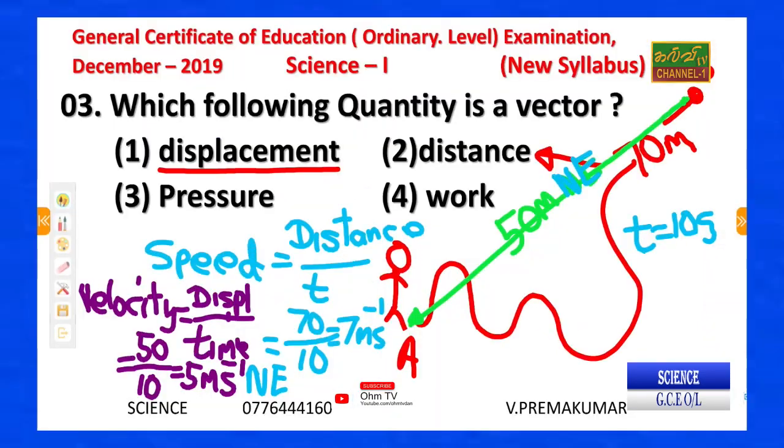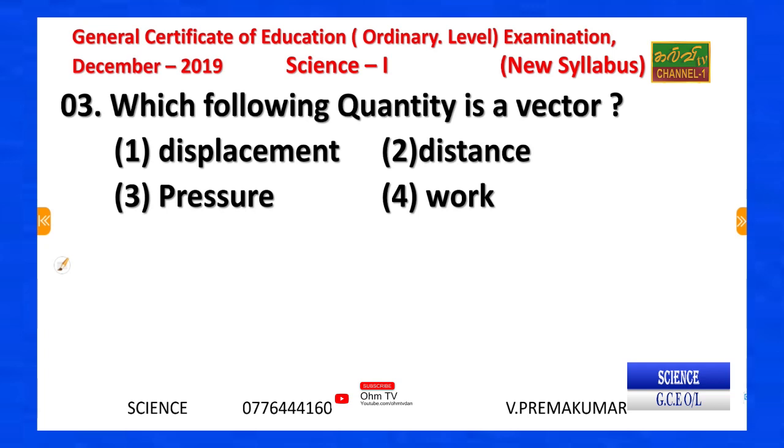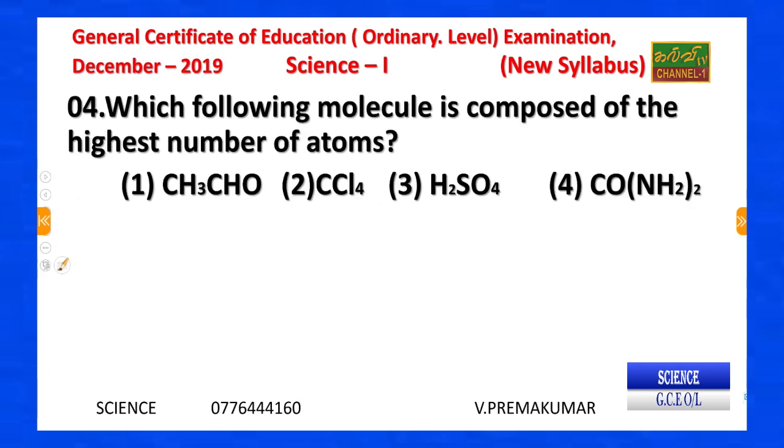So we will go to the next question, the fourth one. Which of the following molecules is composed of the highest number of atoms? Highest number of atoms. The chemical expressed here is CH3COOH. That means this is an easy question. The carbon is one carbon.